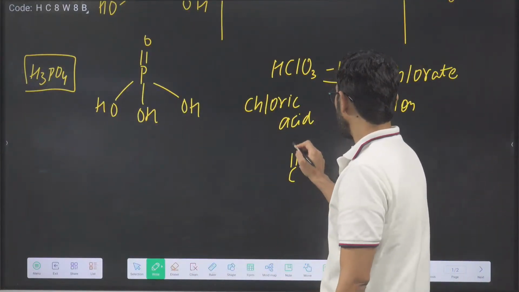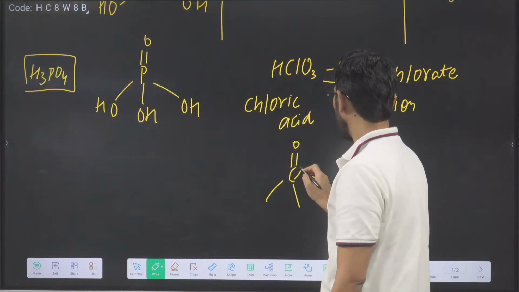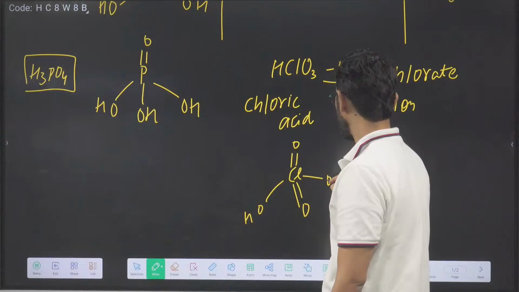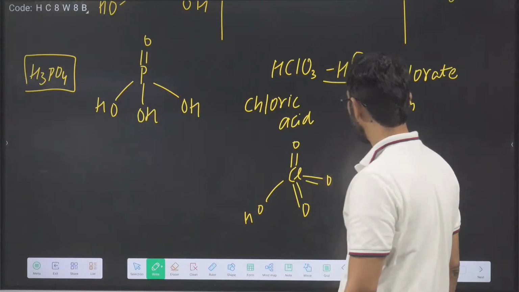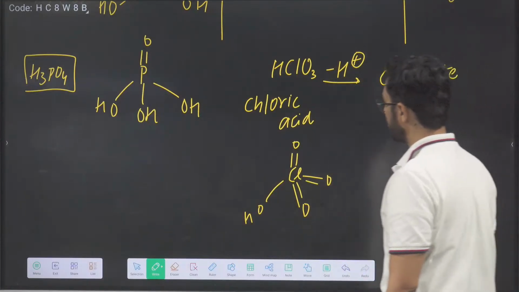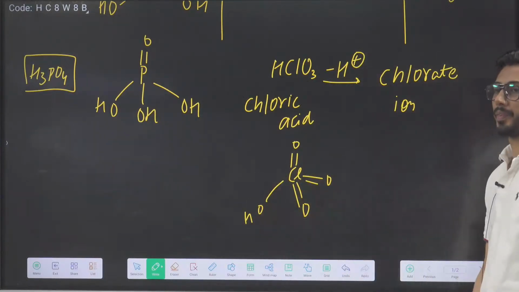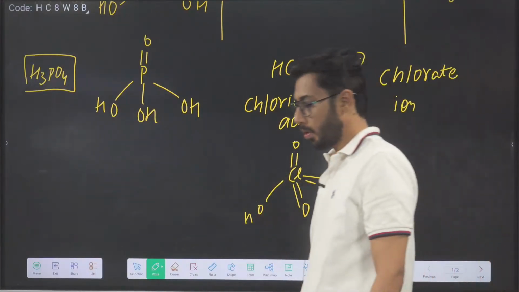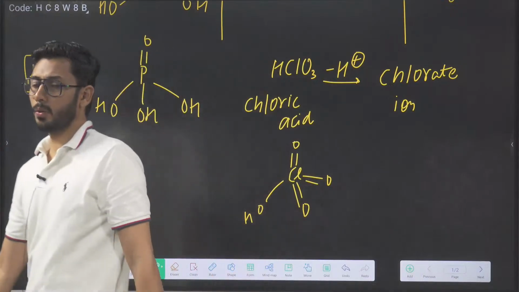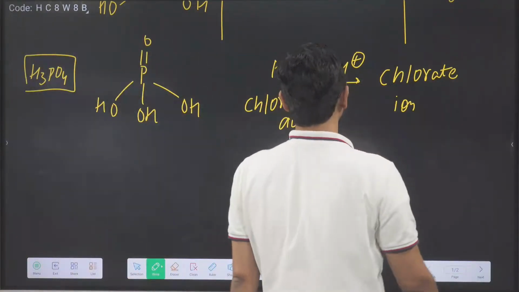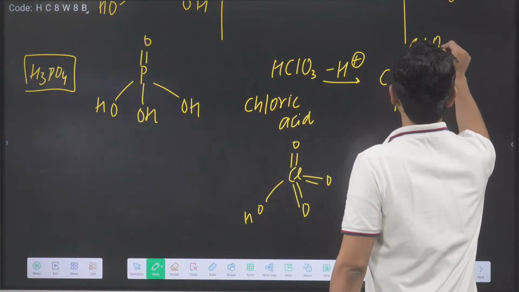Structure should be like this: Cl double bond O, Cl double bond O, one OH. How many double bonds? 7, okay: 2, 2 is 4, 2 is 6, and 1 is 7. Clear? Chloric acid is HClO3, loss of H plus will make it ClO3 minus, and that is chlorate ion.